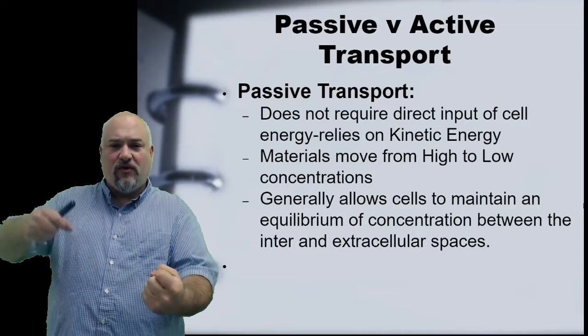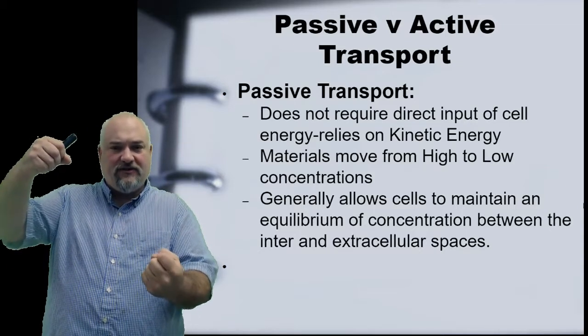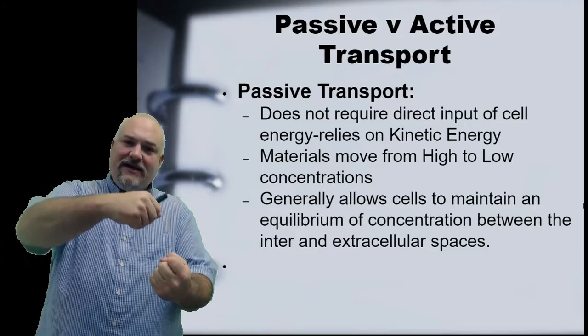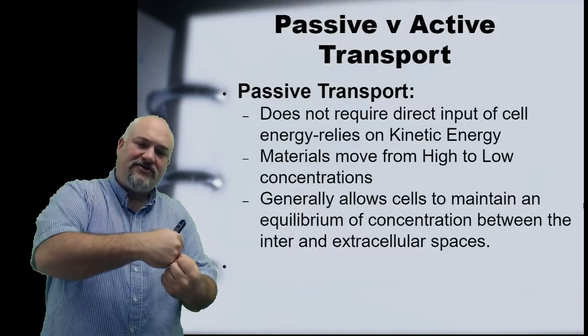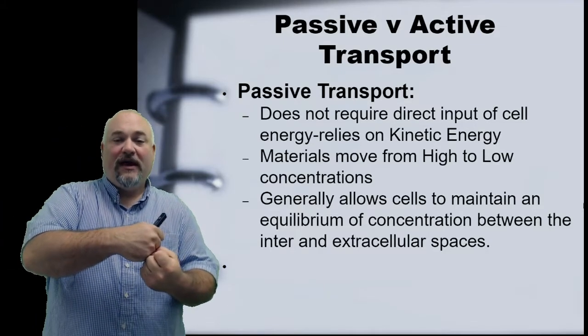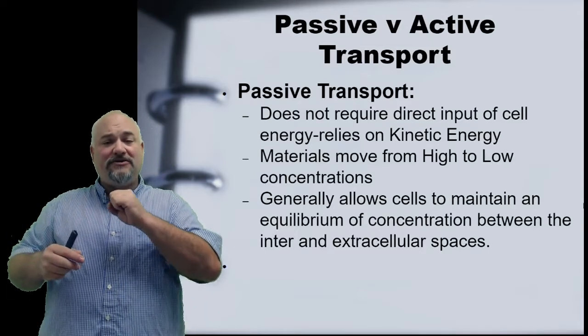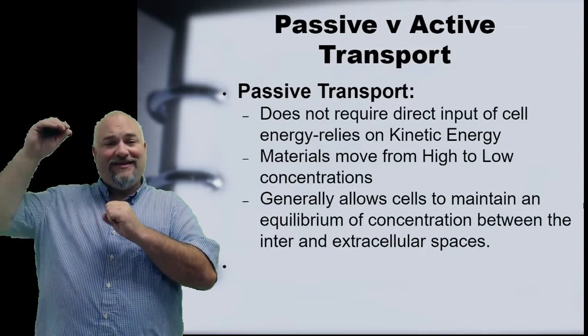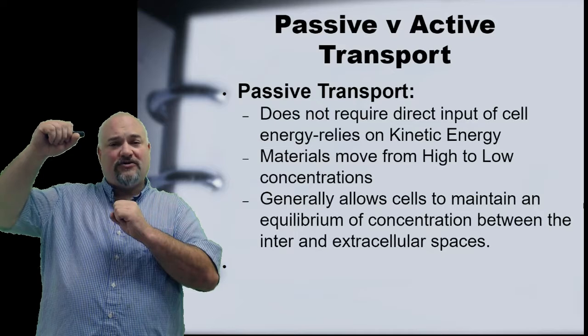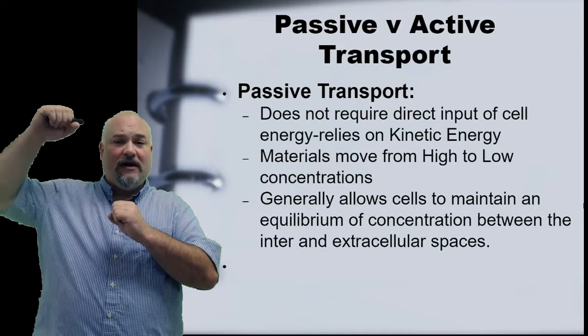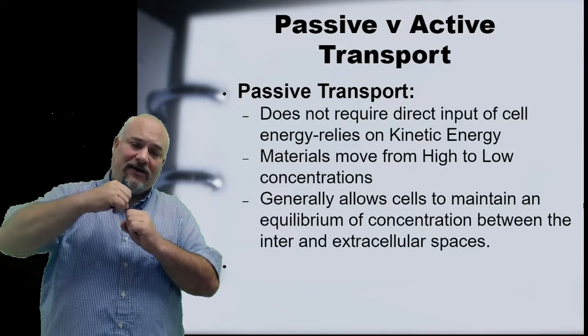So there's always going to be more oxygen in the blood than in your cells. So oxygen will diffuse from your blood down into your cells, down the concentration gradient from high to low. And since we're always drawing oxygen out of the blood, your blood is always going to have a lower concentration of oxygen than the air. So we're always driving, via diffusion, high to low, oxygen from the air into your blood.